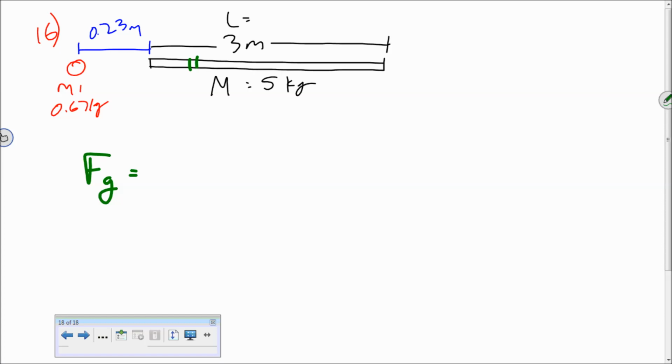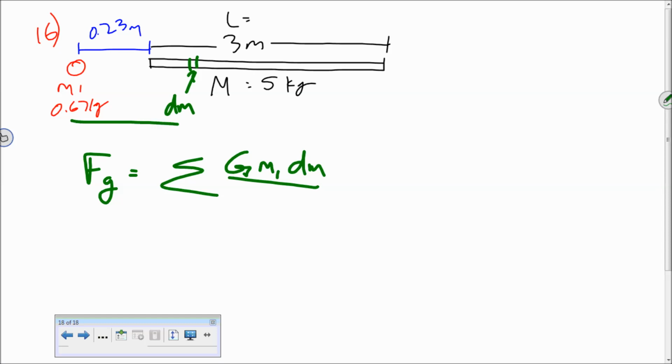That is going to be the sum of G times, let's call this little chunk here dm, m1 times dm over the distance to that guy squared, right? Follow?